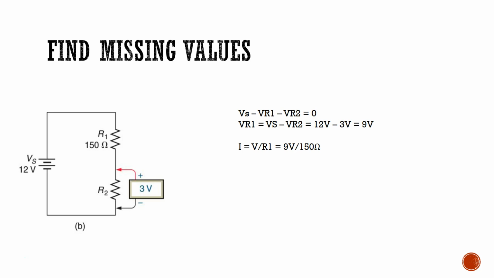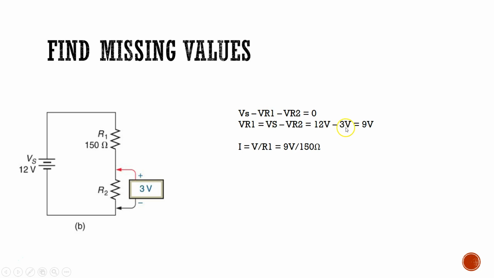We need to find missing values. We can combine laws, and here we're combining Kirchhoff's loop law with Ohm's law to solve for the missing resistor value. In this case, we would take the source minus the voltage that was given.